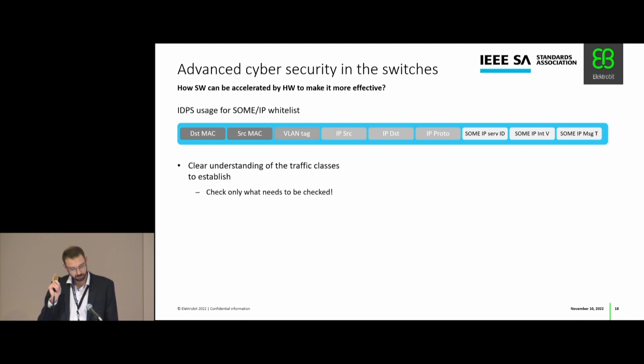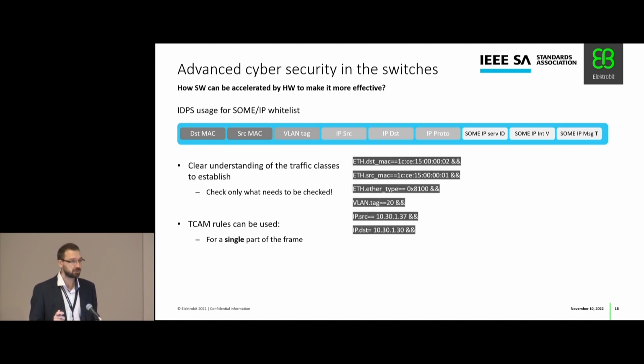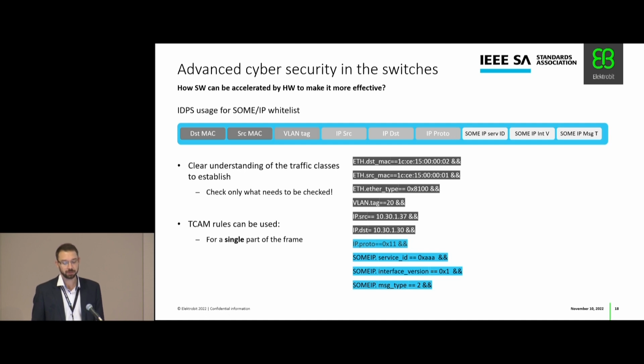And the next part is, remember the switch hardware features, the TCAM rules. Actually, if you have a proper integration of this IDPS with the TCAMs, then some parts of the frame, according to your rules, can be checked already in hardware with full line speed. And the remaining only can be checked in the software.